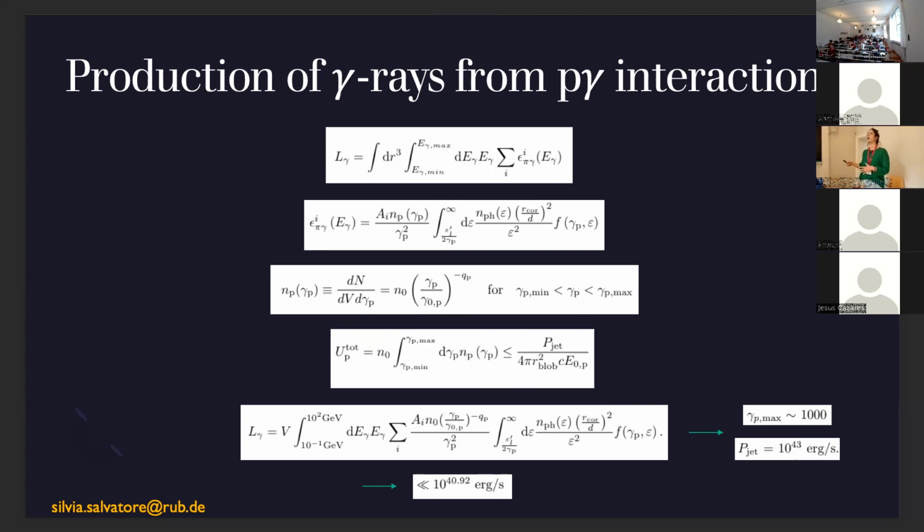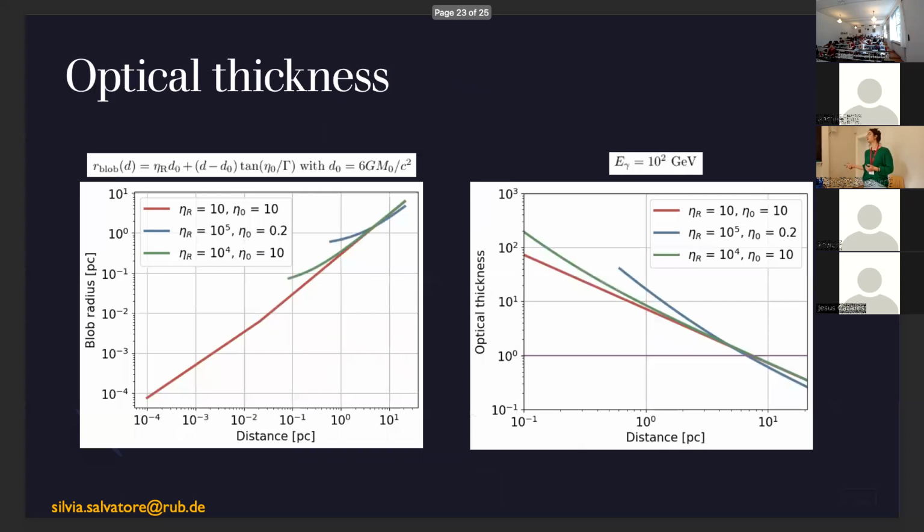So we imagine that by decreasing this d, the final gamma ray luminosity would actually increase. But this has to deal with the fact that for distances lower than tens of parsec, the medium is optically thick. So we wouldn't, even in this case, be able to observe these gamma rays if we consider p-gamma interactions.